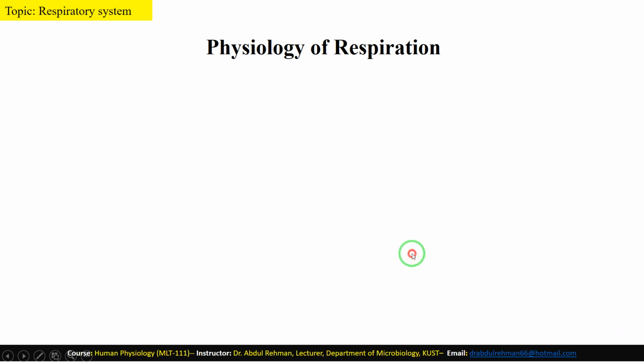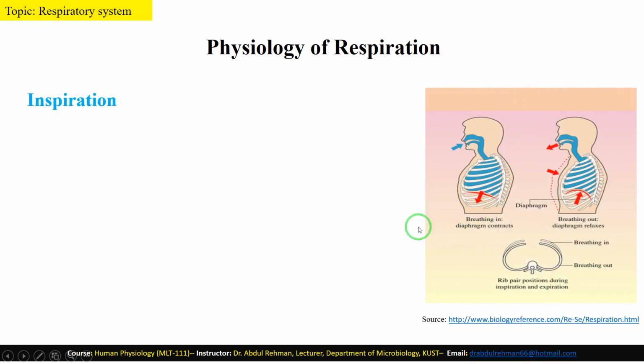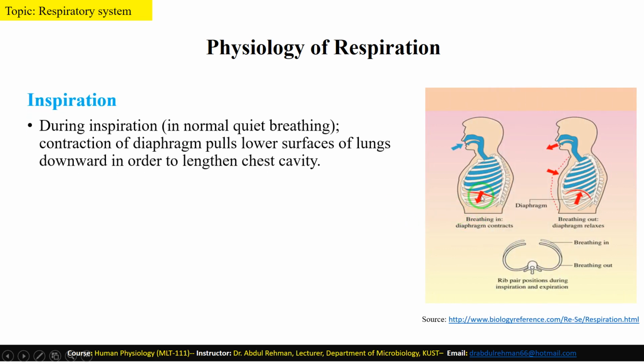So during inspiration, the diaphragm contracts and pulls the lower surface of the lung downward. As a result, the chest cavity lengthens, so more and more oxygen is drawn into the lung.